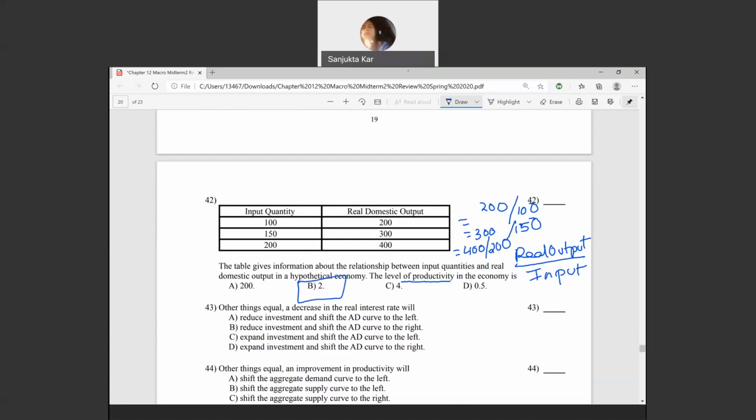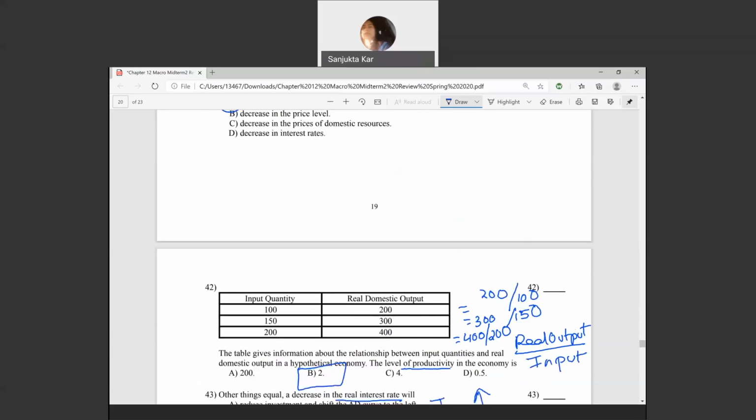Question number 43. A decrease in real interest rate. This is going to cause what? Definitely investment will increase. And the aggregate demand curve is going to shift to the right. So I would recommend to look at the difference between a movement and a shift, like we did in one of the questions before.